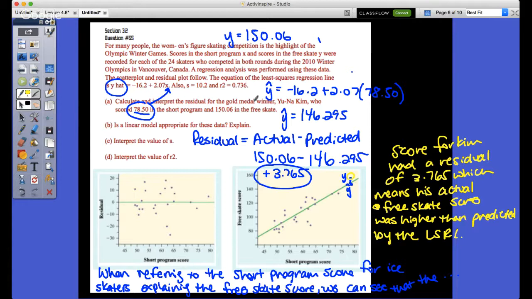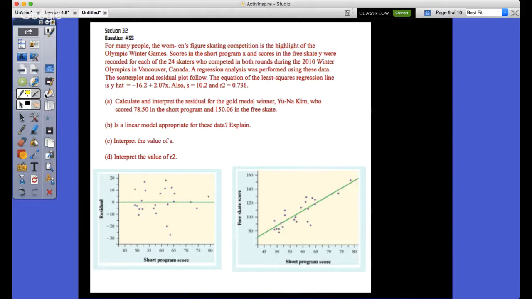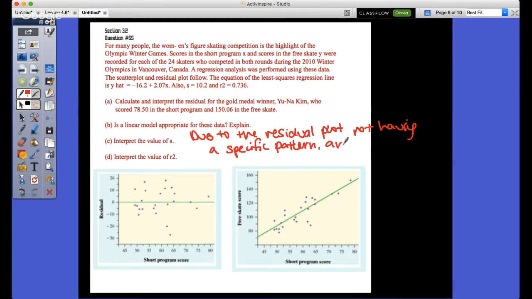Part B, is a linear model appropriate for this data? Yeah, it is, absolutely. If I was writing this, I would say, due to the residual plot not having a specific pattern, an LSRL would be appropriate to use with this regression.